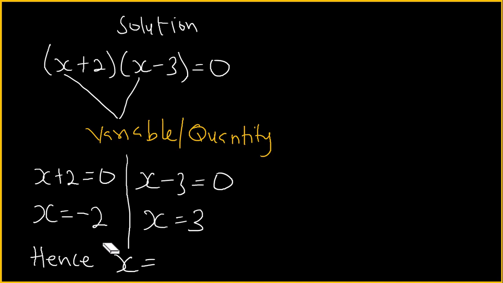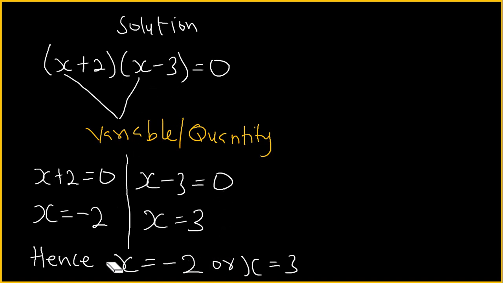Comparing negative 2 and 3, negative 2 is the smaller number followed by 3, so x is equal to negative 2 or x is equal to 3, and these are the solution sets or roots to our quadratic equation.